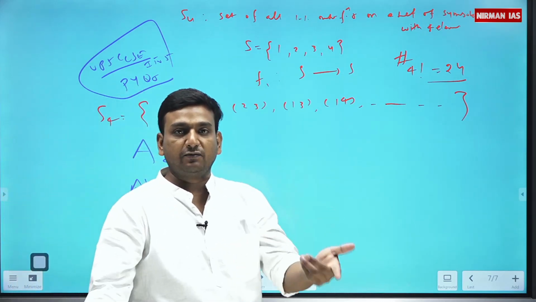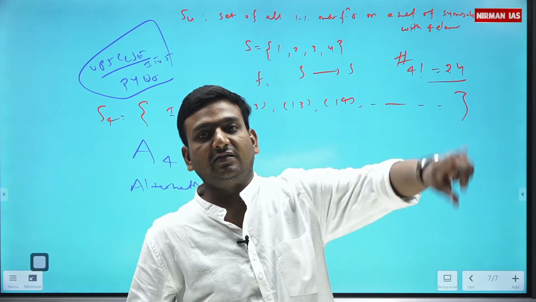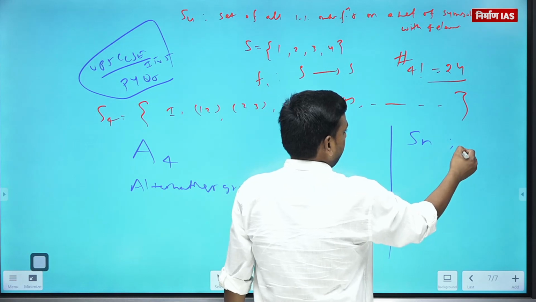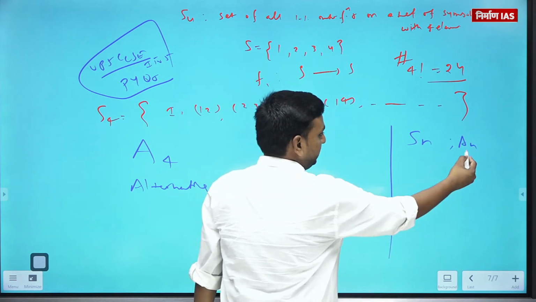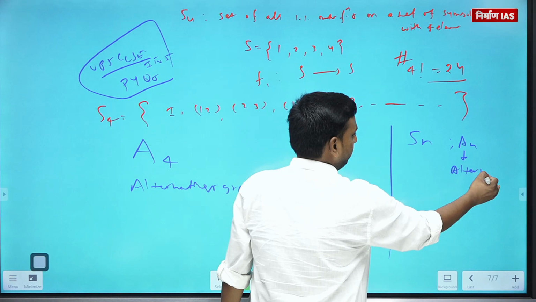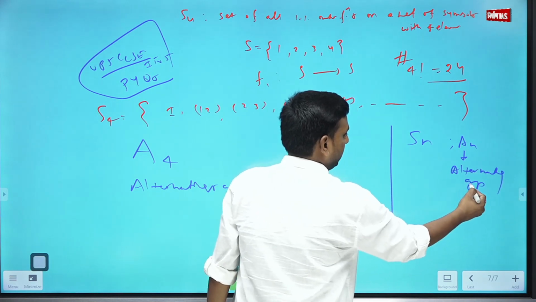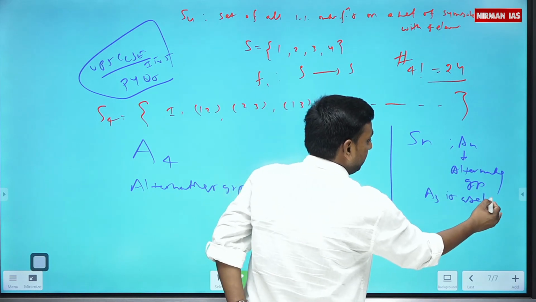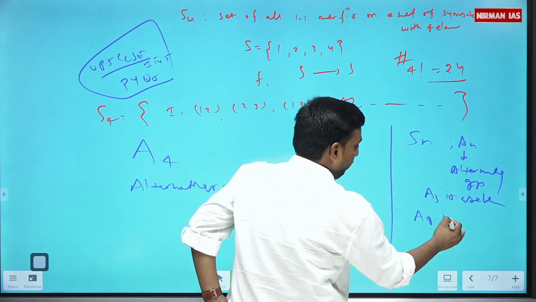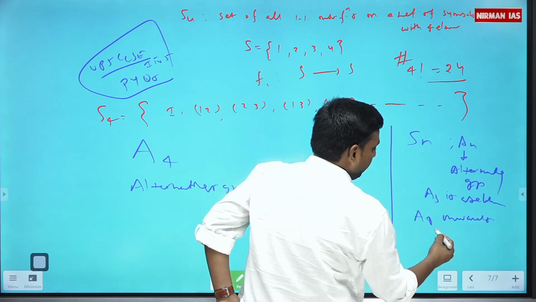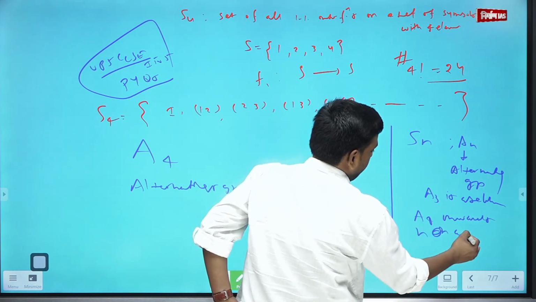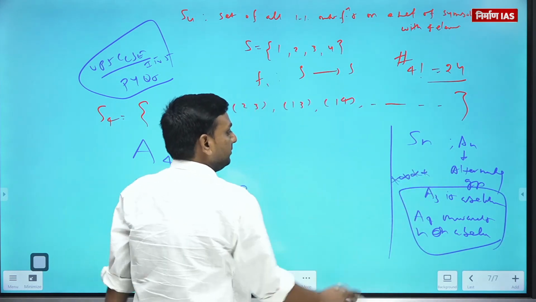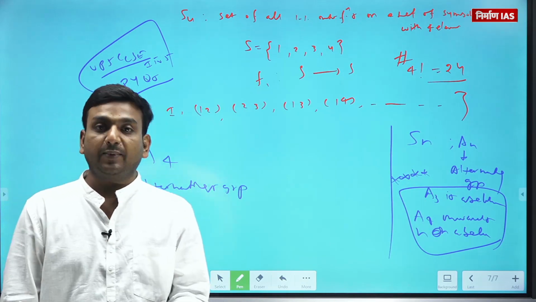Similarly you can talk about S5, A5, S6, A6, Sn, An. Okay, Sn, An. So this is called the alternating group. Moreover, A3 is abelian, but from A4 onwards you will be getting non-abelian. Please make it a point. UPSC focused on this A4 multiple times.